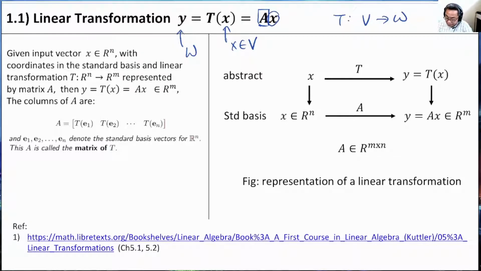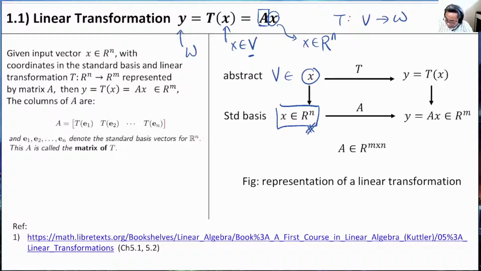The input X can be represented in the standard coordinate, where, for example, if there are n independent components to represent the basis of V, then X can be represented as a vector in Rn space. So whether X is abstractly in the vector space V, or X belongs to Rn, where Rn is the vector space representing V, it is the same.